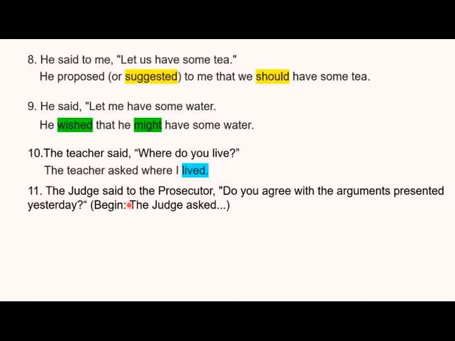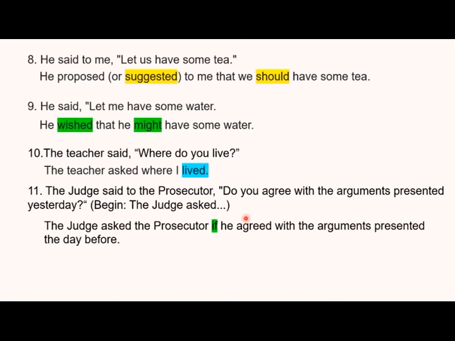Next one. The judge said to the prosecutor, do you agree with the arguments presented yesterday? Now, the question says, begin, the judge asked. Again, remember, if you have a question which can be answered with a simple yes or no, do you agree with the arguments? Yes. Do you agree with the arguments? No. Then it's important for you to use the word if or whether in your answer.